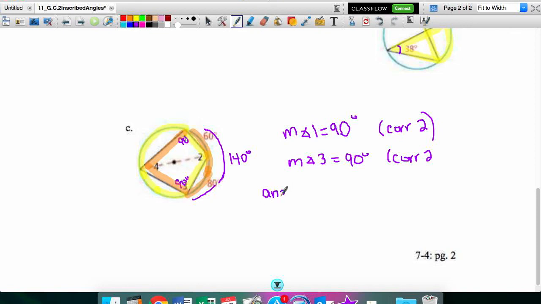The angle will be equal to half of the arc. And I can just go back to the theorem for inscribed angles. So the measure of angle 4 is equal to half of the 140, or in other words, it's going to be 70 degrees. And this is just the inscribed angle theorem.